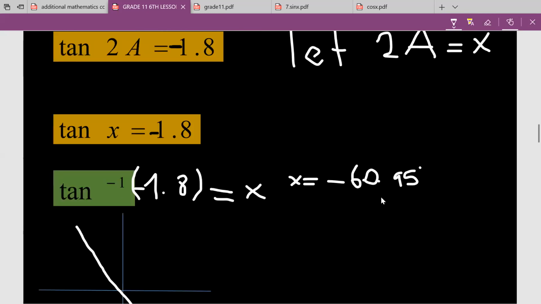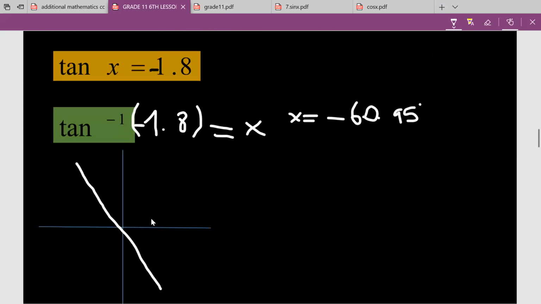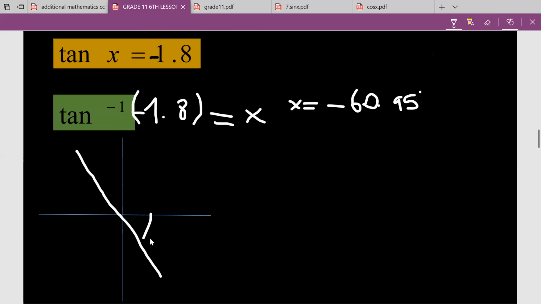So when I find quadrants, sorry, let's draw our angle again. Now, where is negative 60.95? It's here, isn't it? Negative 60.95.